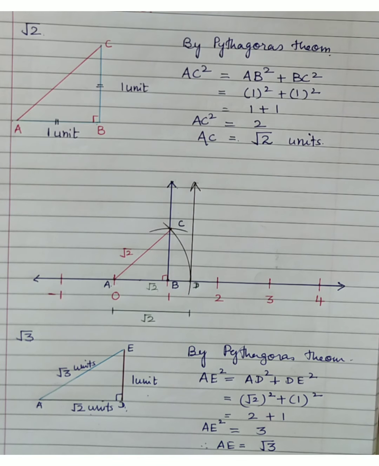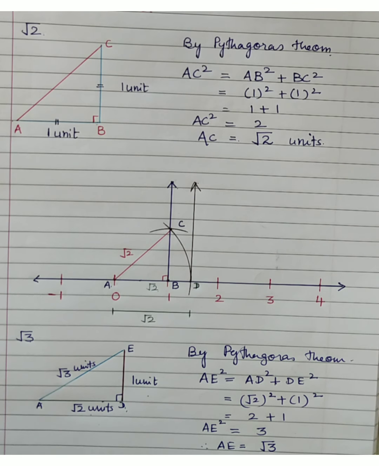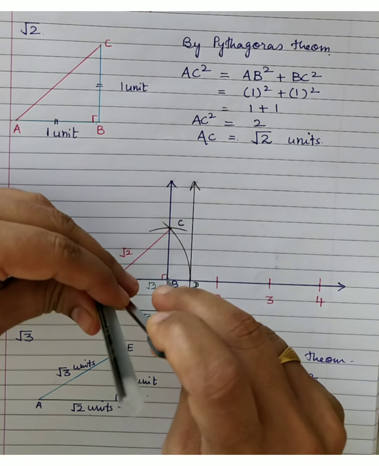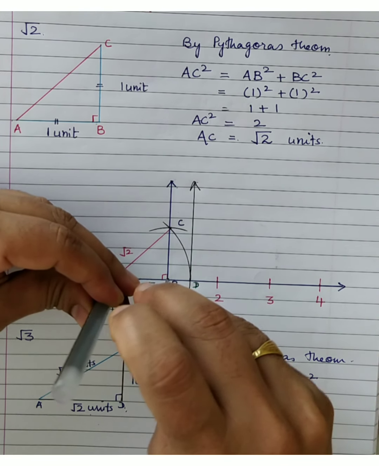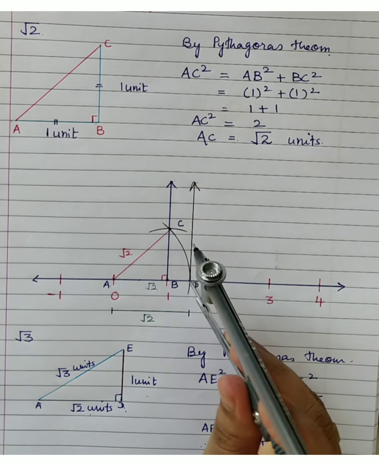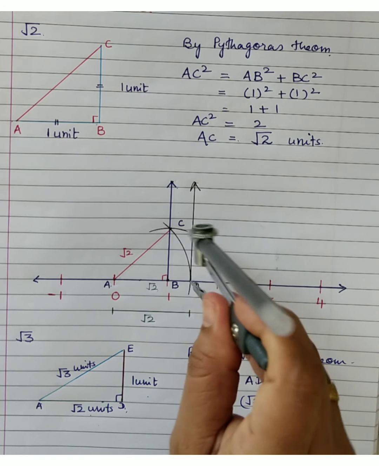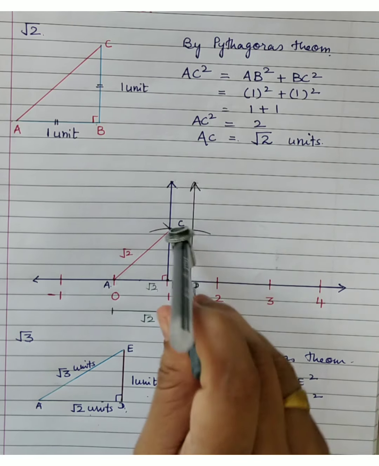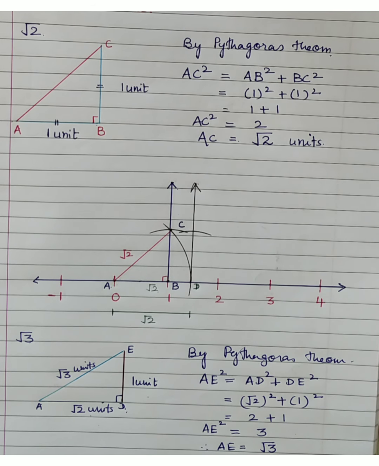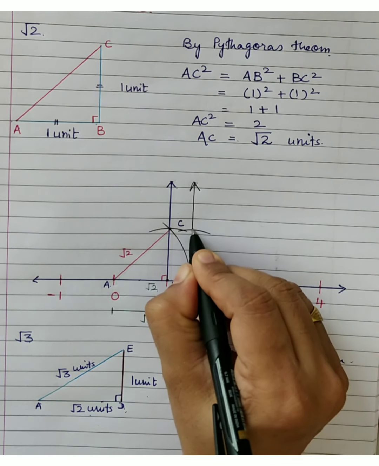On this perpendicular, what length do you want now? 1 unit, right? So measure 1 unit. Here AB, that is AC, was 1 unit. So from D as a center, you are going to cut an arc of measure 1 unit according to the scale we have taken. So here we have got the point E.